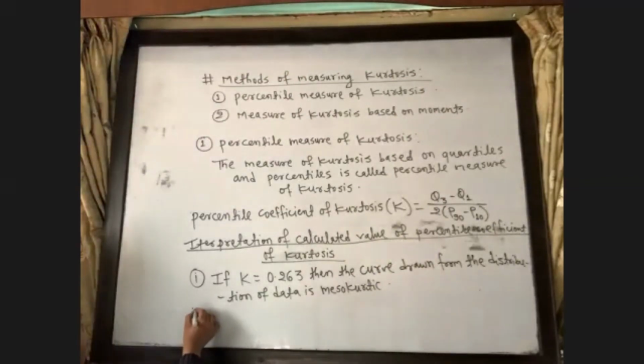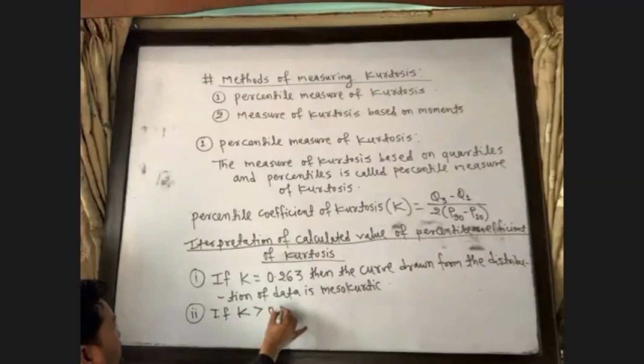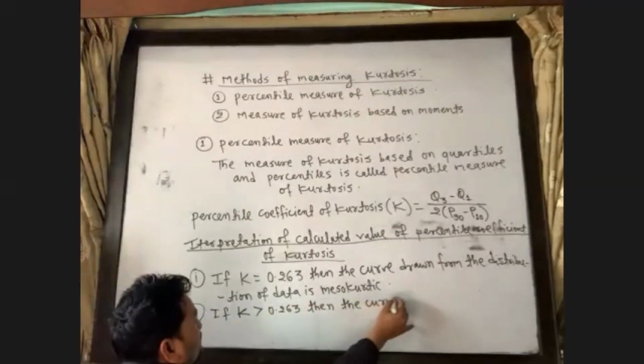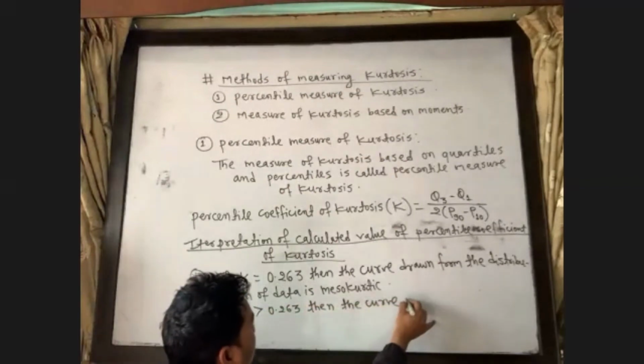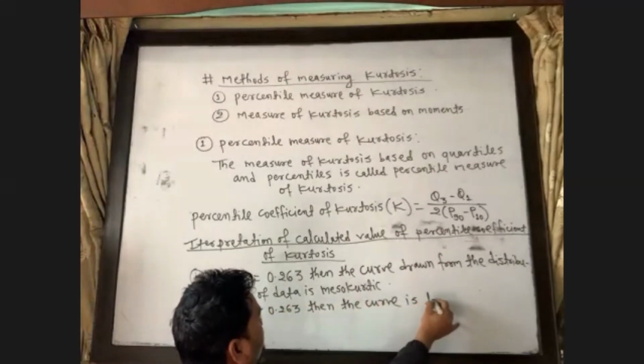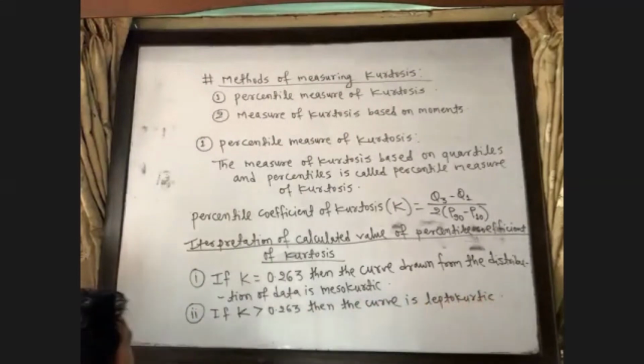Okay, on the basis of the same number 0.263 मा हेरौं, if k को भ्यालु चाहिँ greater than 0.263 आयो भने then the curve is leptokurtic. Okay, then the curve is leptokurtic.